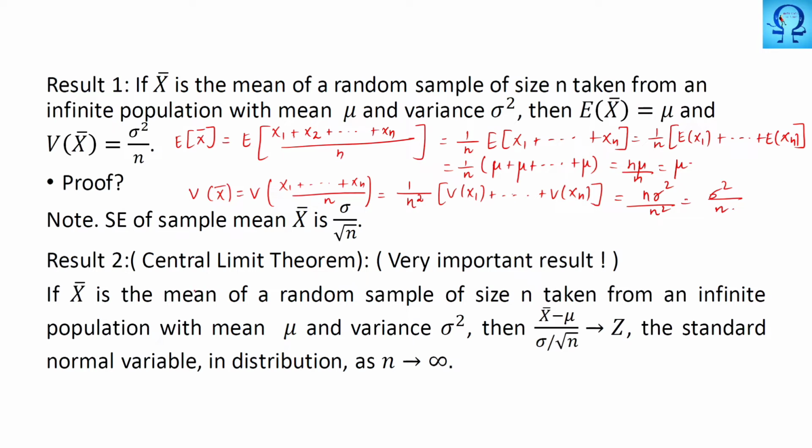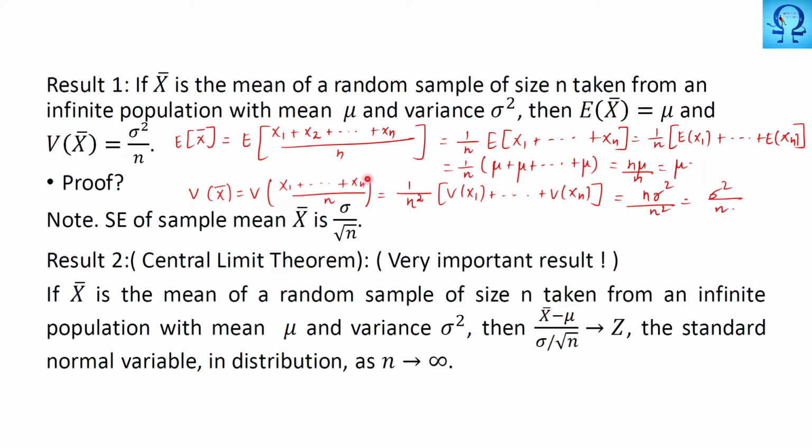The next result is known as the central limit theorem. Suppose you have the sample mean of a random sample of size n taken from some infinite population with mean mu and variance sigma square.